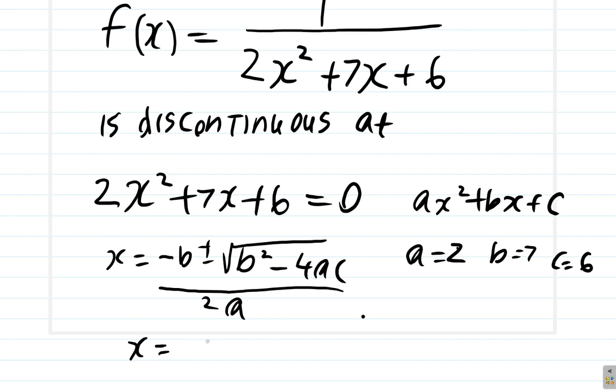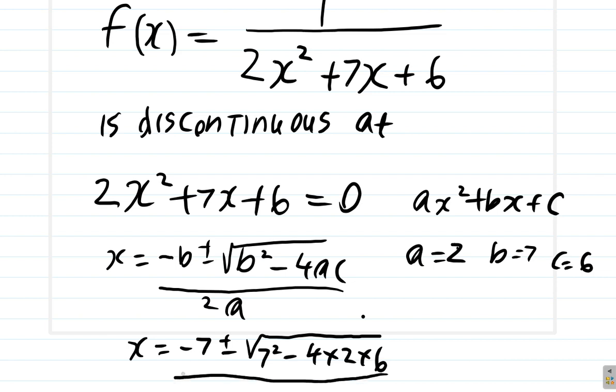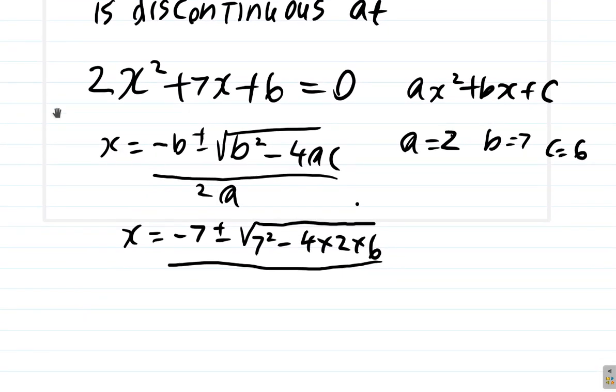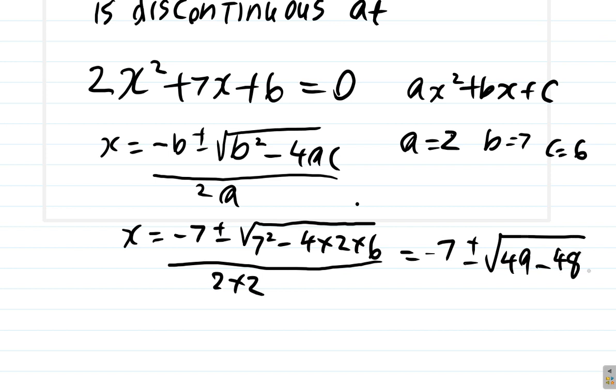So x equals negative 7 plus or minus the square root of b squared, which is 7 squared, minus 4 times 2 times 6, all over 2a, 2 times 2. So that will give you negative 7 plus or minus the square root of 7 squared is 49, minus 4 times 2 is 8, 8 times 6 is 48, all over 4.